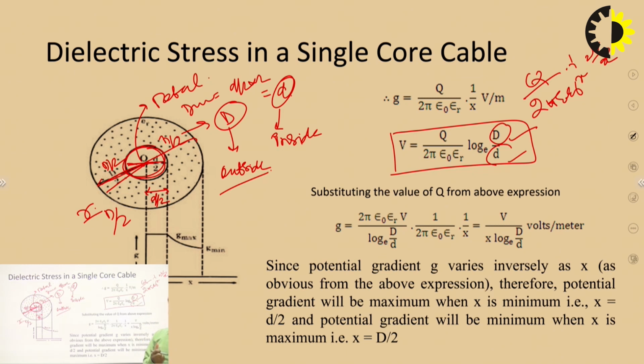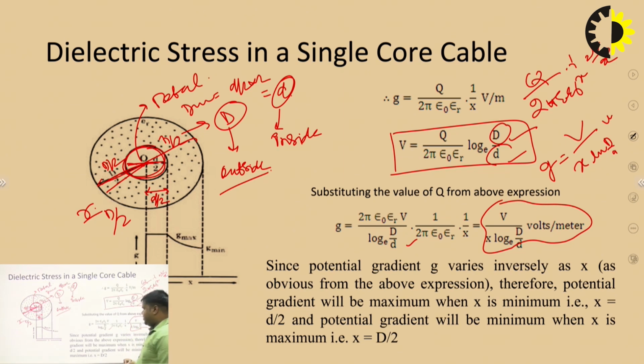After that, substituting the value of Q from the above expression, we get G equal to 2 pi epsilon naught epsilon r V by log D by d, multiplied by 1 upon 2 pi epsilon naught epsilon r into 1 by x. So G equal to V by x log D by d volts per meter. This is the concluded formula.